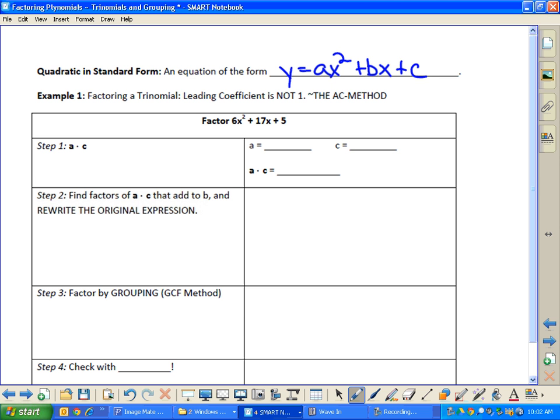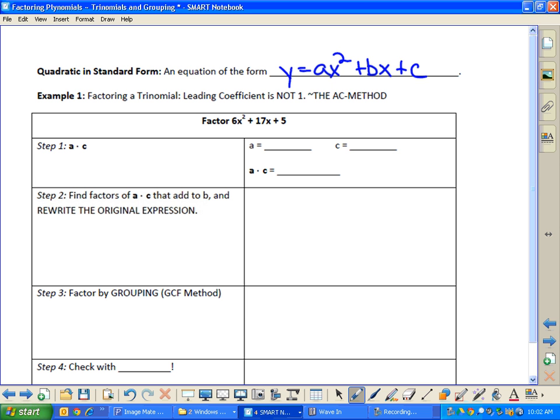So as we look at example 1, this is the quintessential case where AC grouping would be nice to have so that we could factor that quadratic. The question here asks us to factor 6x squared plus 17x plus 5. And right now, my eyeballs notice that that is a quadratic in standard form. My decreasing order of exponents is what I see in that problem.